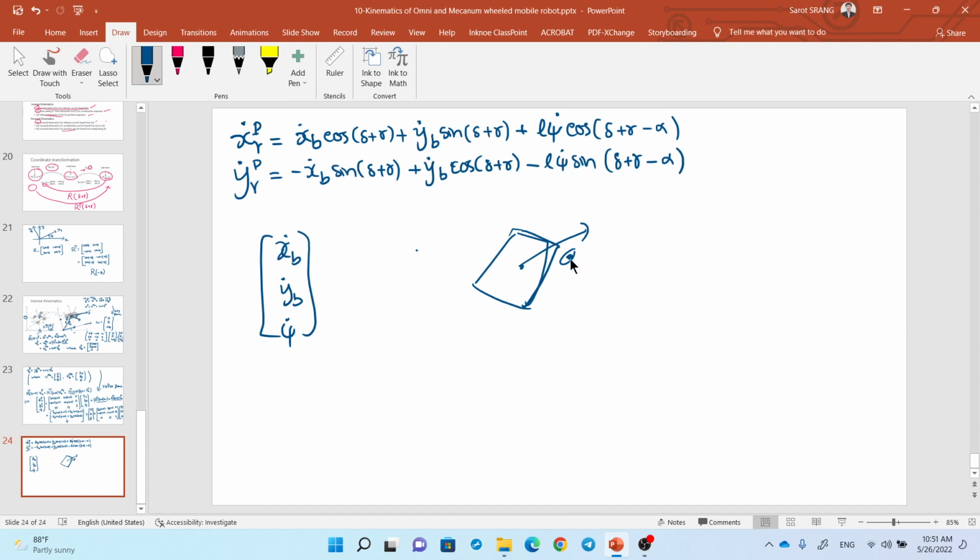And we can also have velocity from the roller itself, induced by the motor.